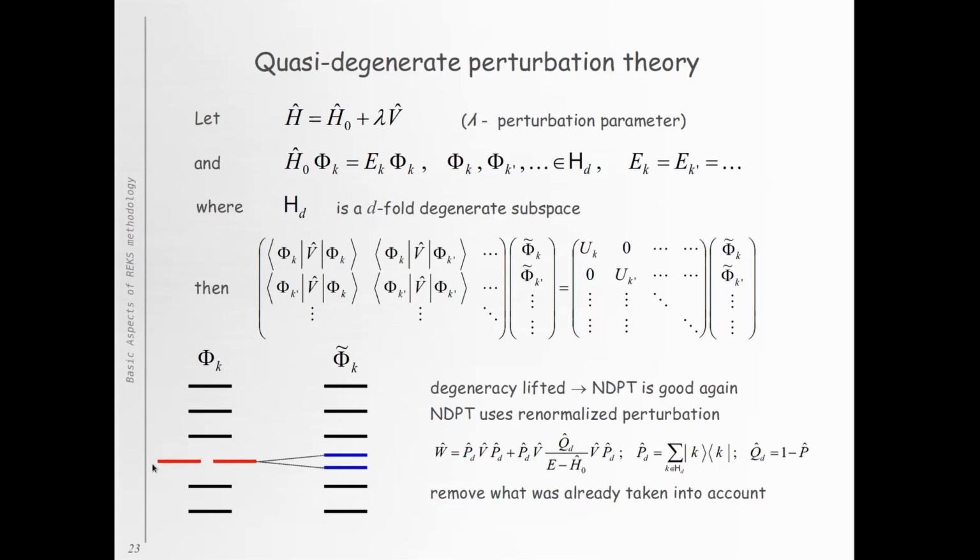Doubly occupied configuration with one of the degenerate orbitals occupied, then another electronic configuration with the other degenerate orbital doubly occupied. So this electronic configuration or that electronic configuration, they are labeled here as K and K prime. So these will be the diagonal terms, and the off-diagonal terms correspond to coupling between electronic configurations with doubly occupied this and doubly occupied that orbital.